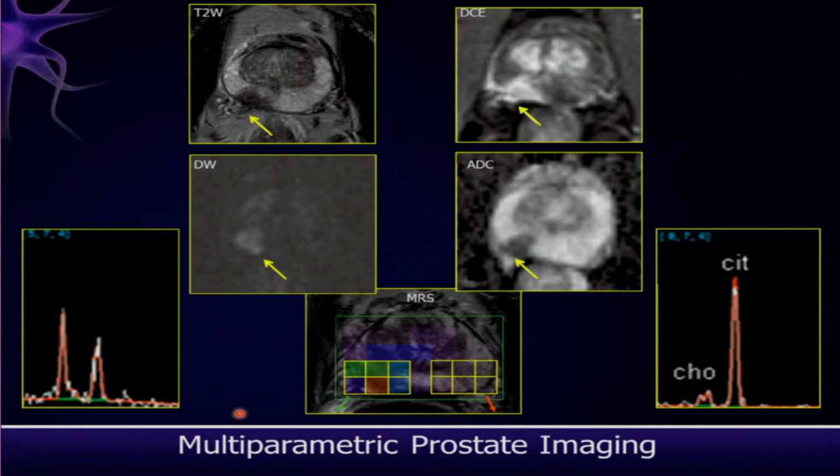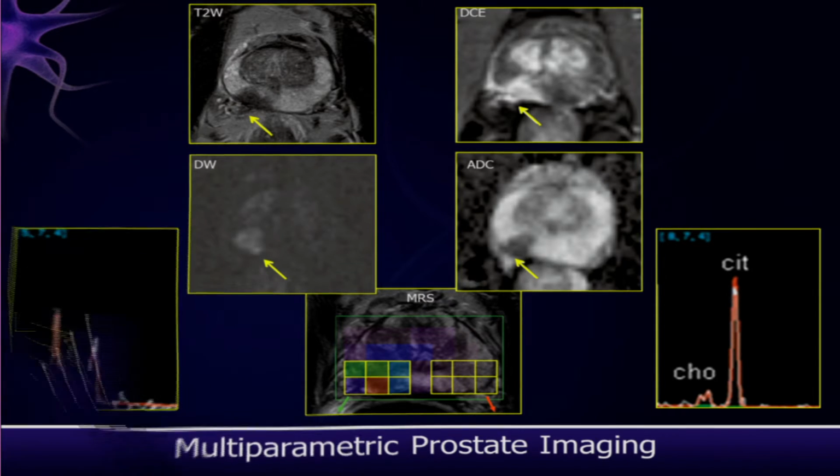And the middle one in the last row is MRS. On the right-hand corner, you can see the normal spectrum, which shows high citrate and low choline in normal prostate. On the left-hand side, in the cancer area, low citrate and increased choline indicate prostatic cancer.